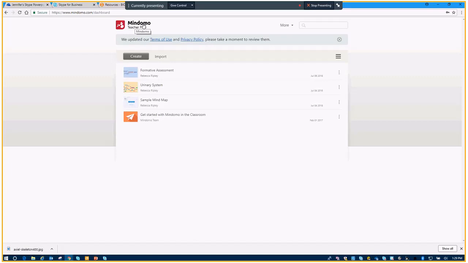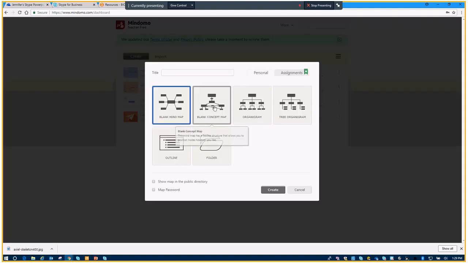So mindomo.com is kind of a fun one. You can sign up for free. And once you get into the program, you can click on Create. You can make a blank concept map, which is what the assignment was.